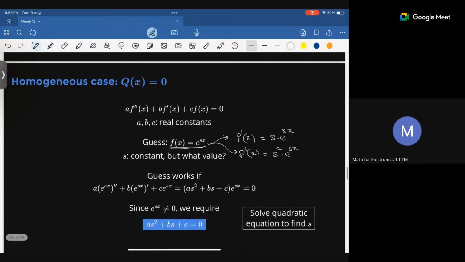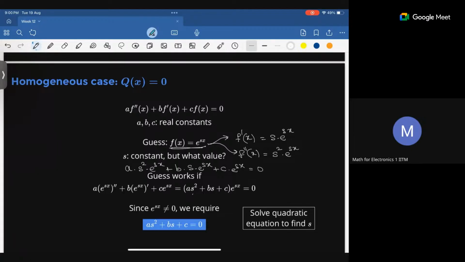Okay, when you substitute it, you can clearly see a times s square into e power sx, plus b times f prime of x, which is s into e power sx, plus c times e power sx is equal to 0.